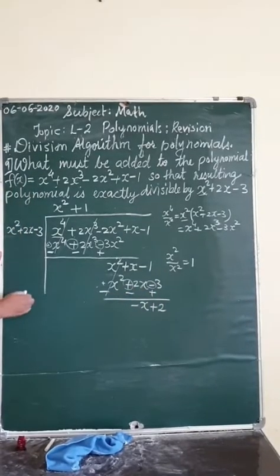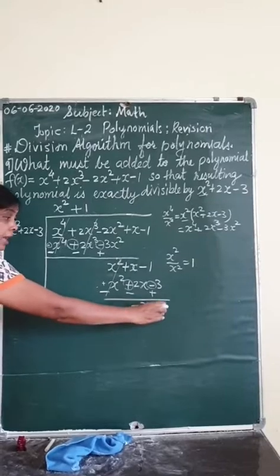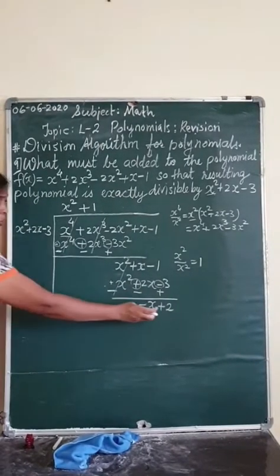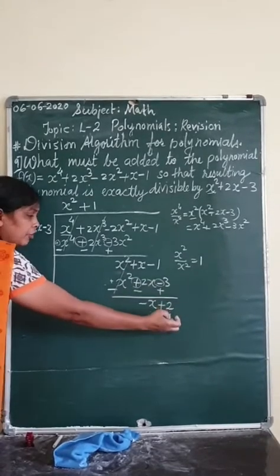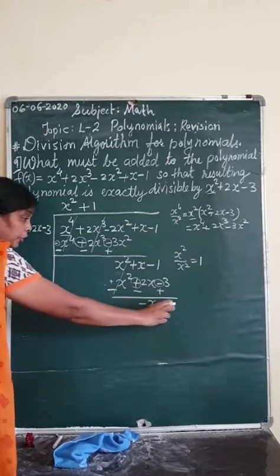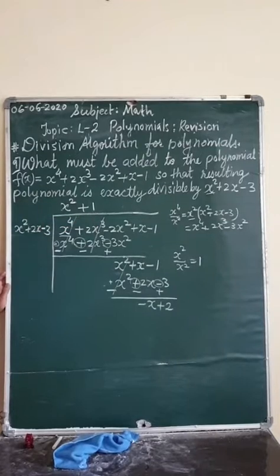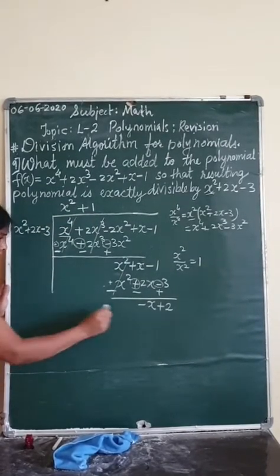Now what I said in the beginning of this sum, that whatever resulting remainder polynomial we get, we have to change the sign of each and every term of it, so that that polynomial, after changing, should be added to this f(x). So what will that be?